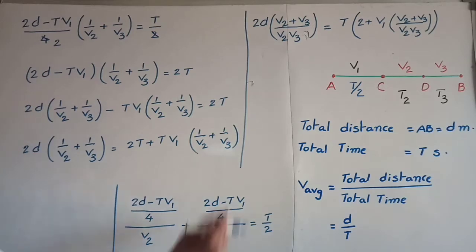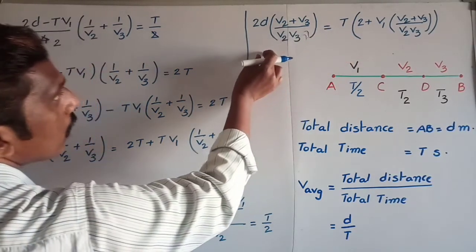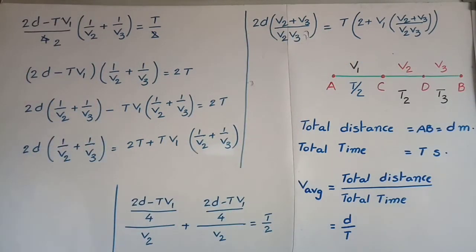From this, if we take D by T, take T to this side and 2 to that side, then we get the average speed value.